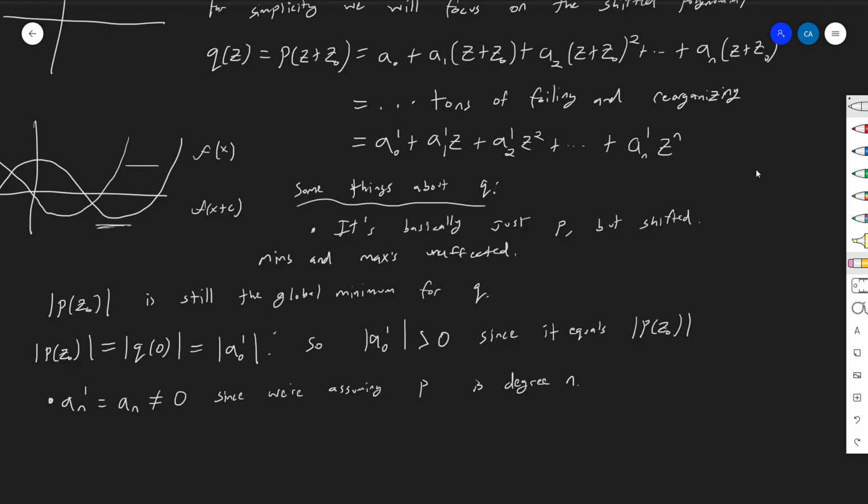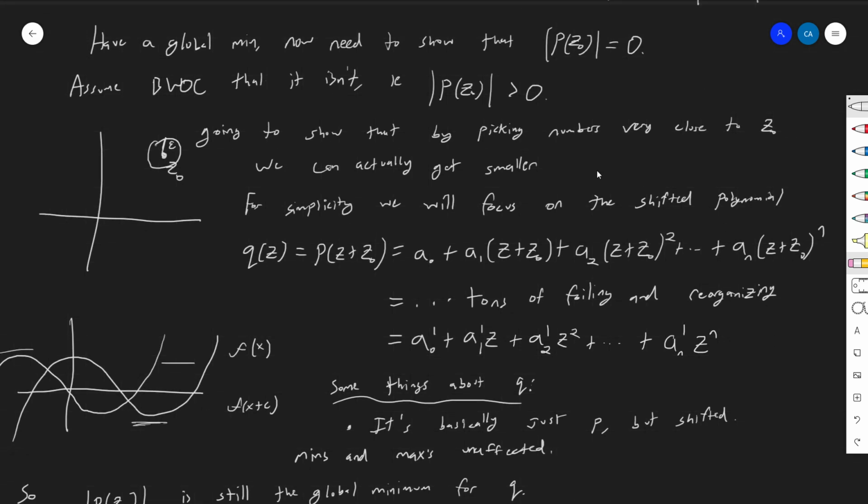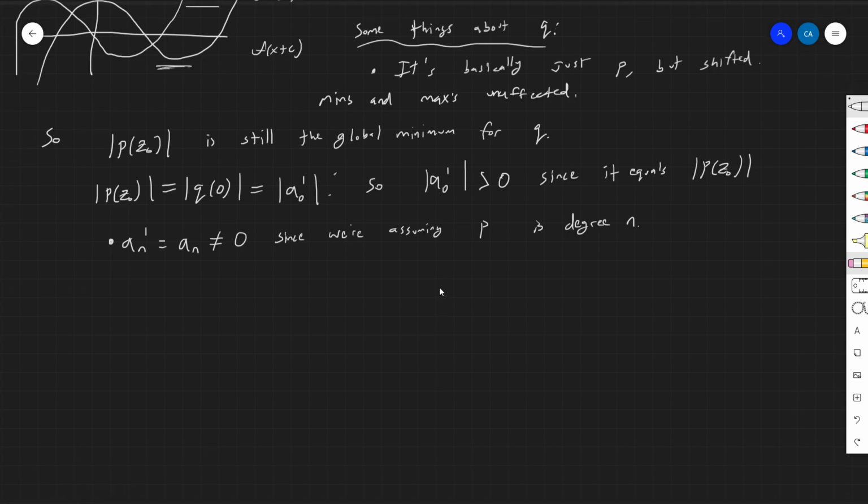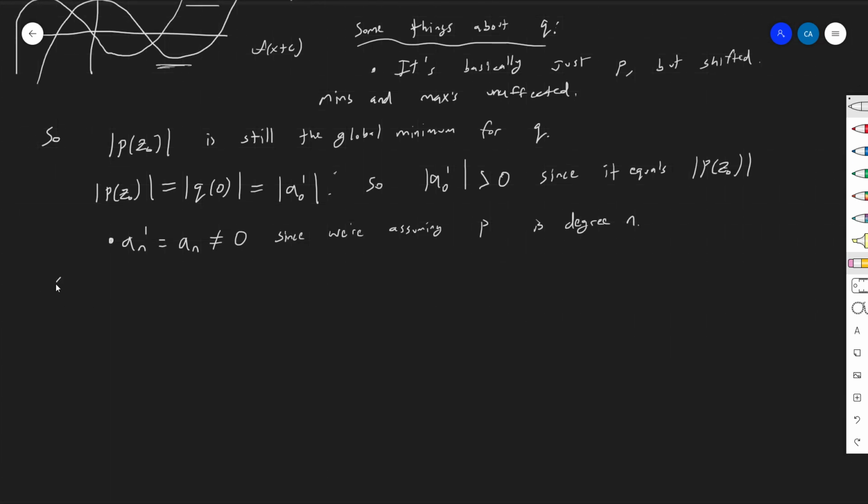So let me review the original plan. The original plan was to pick numbers very close to the location of the minimum, and show that you actually get smaller than the minimum. Well, I'm going to do the same strategy, but now my minimum is 0. So I'm going to pick very small complex numbers, force Q to be smaller than it's allowed to be.